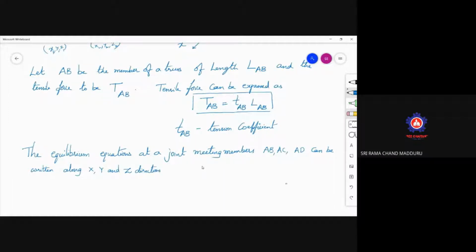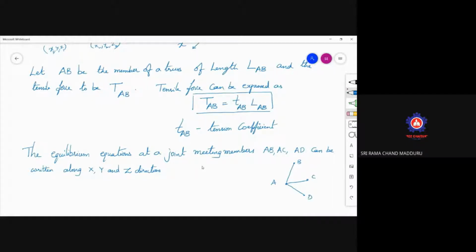Just see here, this is a joint A. At joint A, there are three members meeting here. This is member B, C, D.